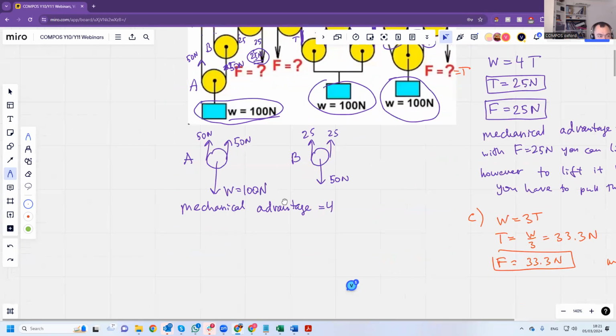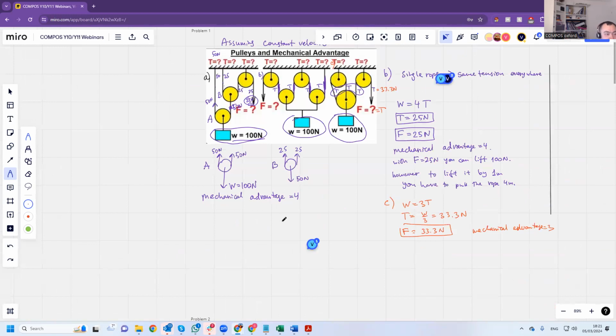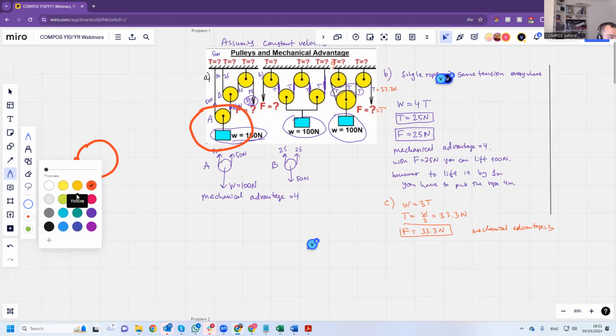Another reason why you have a mechanical advantage, if you look at it, if you take this pulley, for example, let's take this bit. Now this part of the pulley, I think I've explained this before. This part of the pulley can be considered as the pivot.